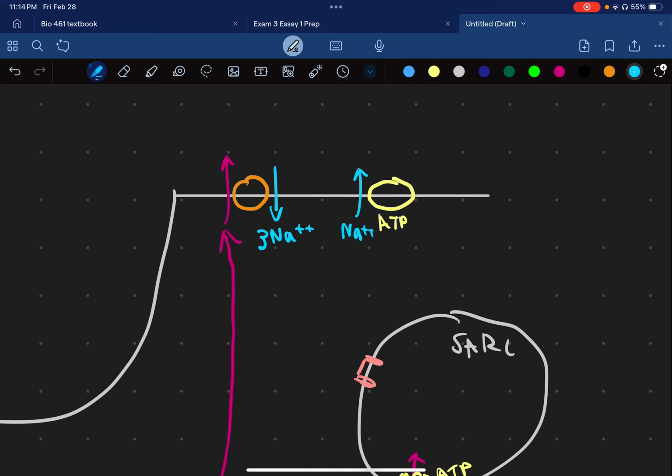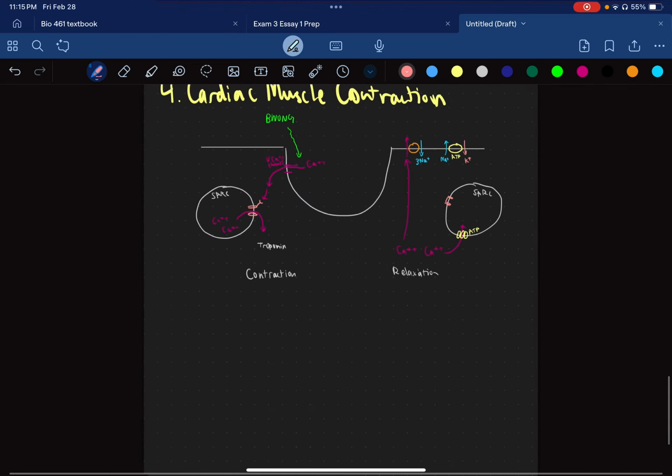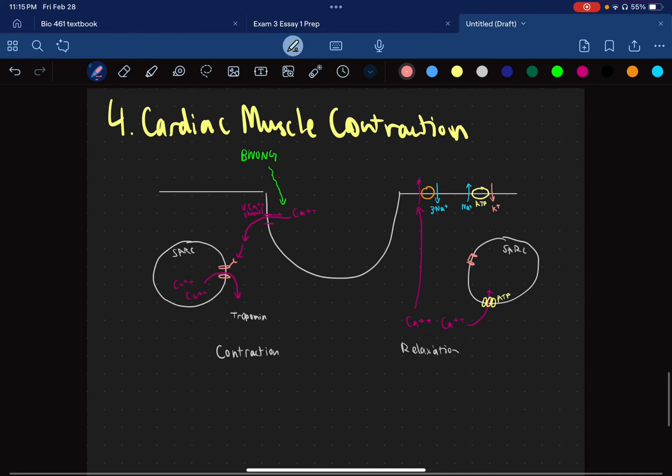So that same sodium only has one positive charge on it, and then potassium comes in. That's going to maintain our gradient. So that's how the different ions are going to travel in and out and cause contraction in the cardiac cells.